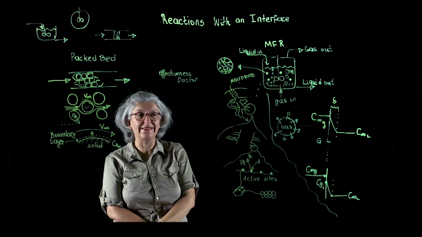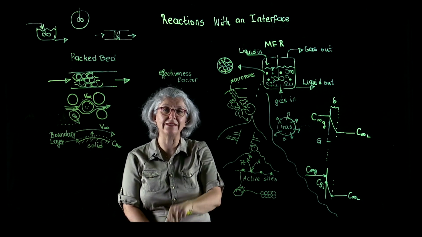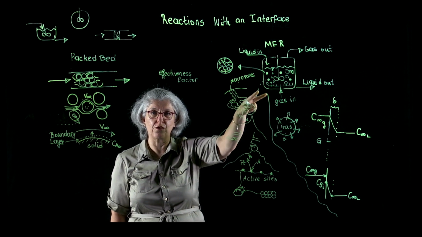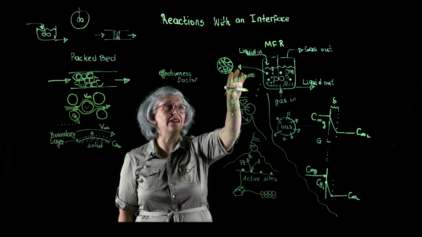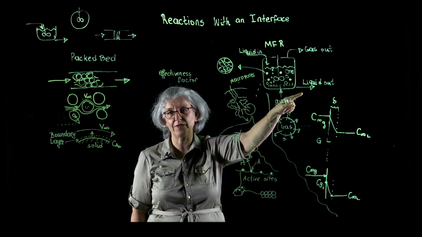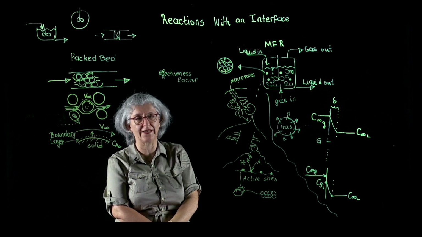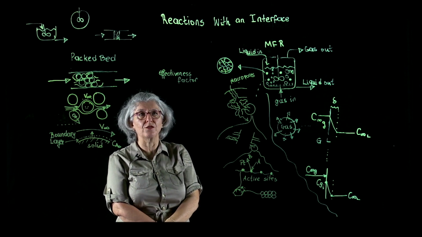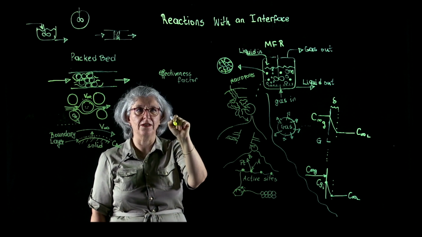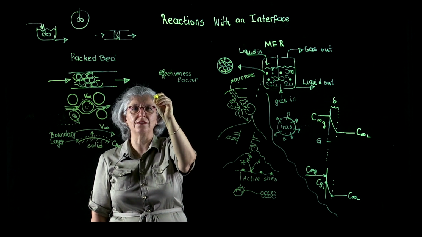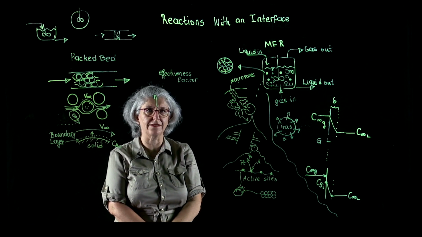But if that time is longer, that it takes longer for that molecule to arrive at the active site, then relative to our characteristic residence times, we have a problem. All right? That we don't have an effective catalyst. So the effectiveness factor, by definition, is a dimensionless quantity.